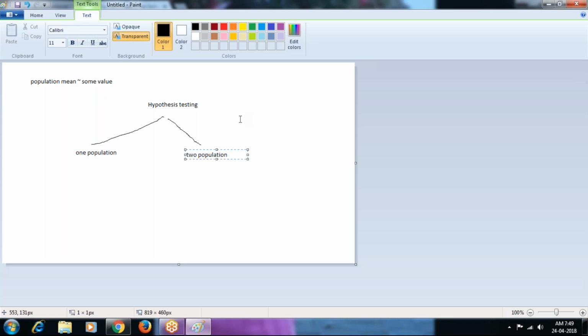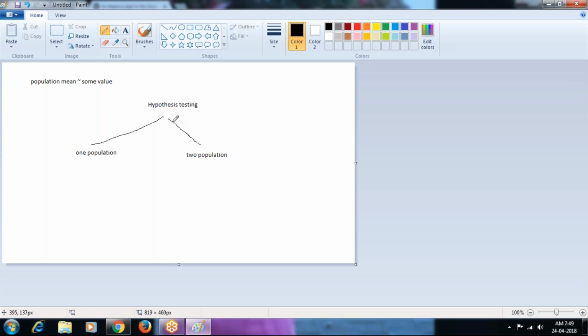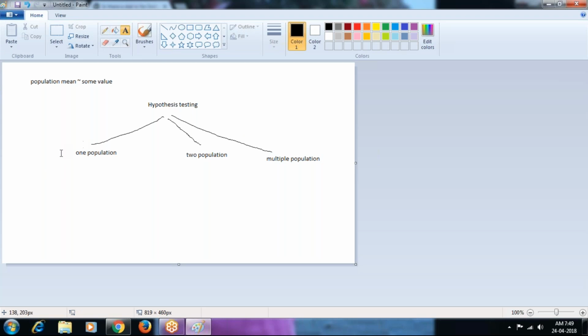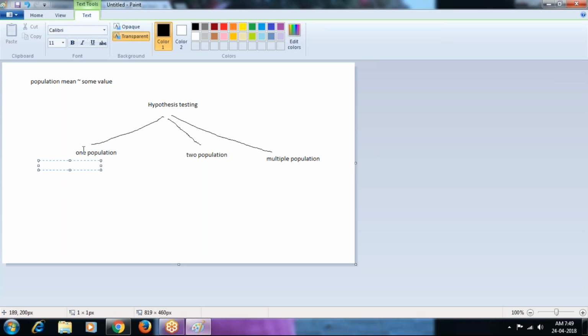Similarly, I can have it for multiple populations also, right? So I can limit the discussion to two populations, but in a similar way you can apply it for multiple populations also.